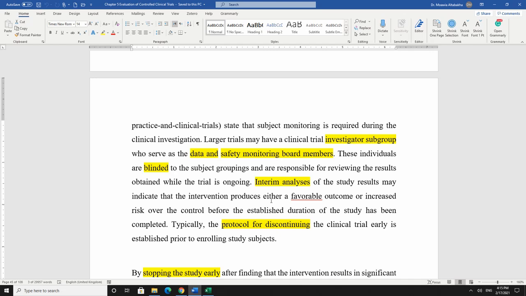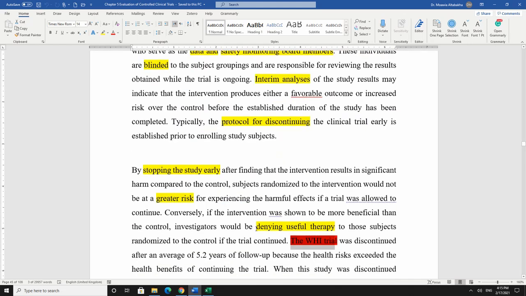So why should they continue? It's now proven within 5.2 years, instead of 10 years. Or the opposite. The opposite means after 5.2 years, they found the following.